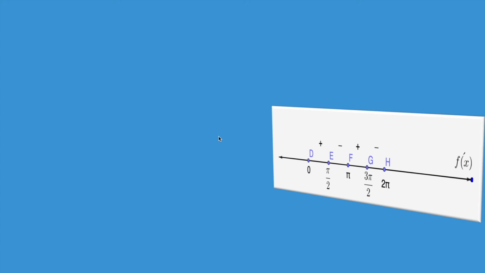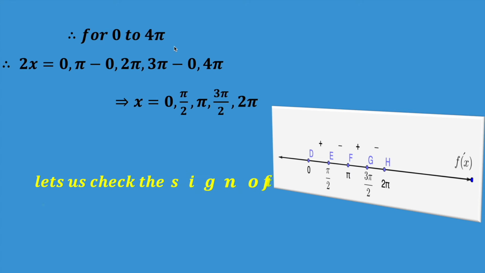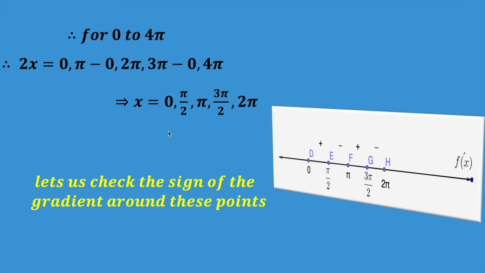Now let's look at the values at which the sine will be equal to 0. As we have the new domain 0 to 4 pi, we start from 0 and count up to 4 pi, in which the sine is 0.